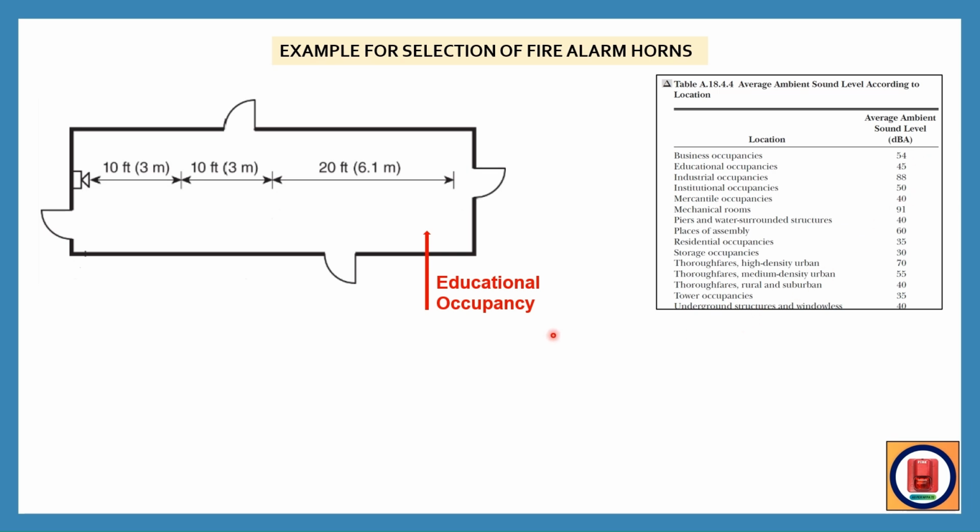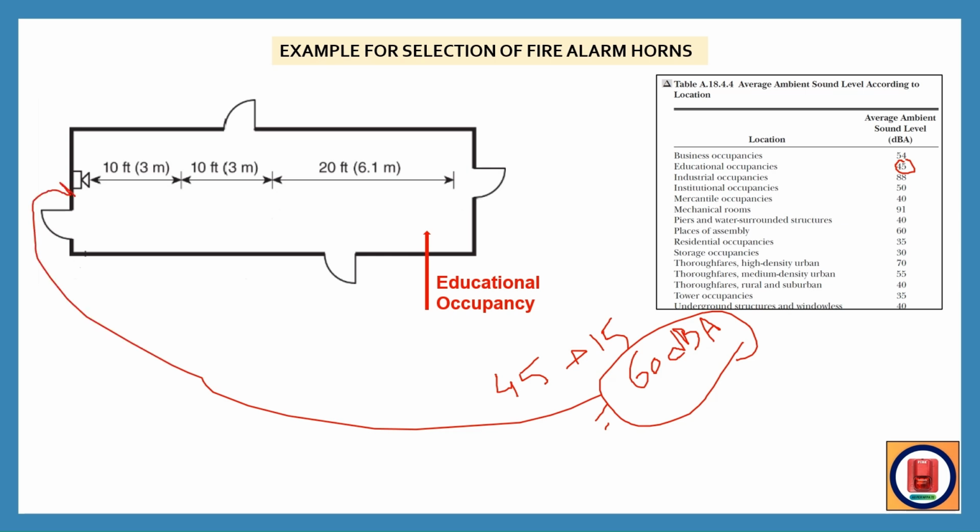Since we are considering public mode for this occupancy, where we need to notify all the occupants in the room or in building, we will add 15 dBA to 45. So it will come around 60 dBA. So this should be maintained in the protected occupancy. Based on this requirement, we need to select the horn.